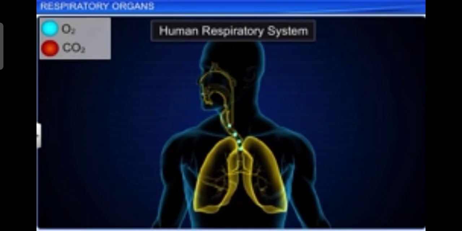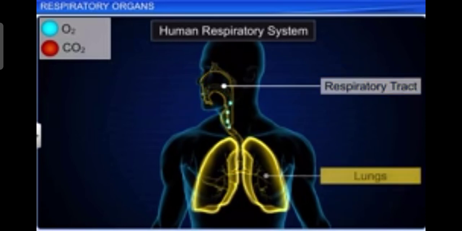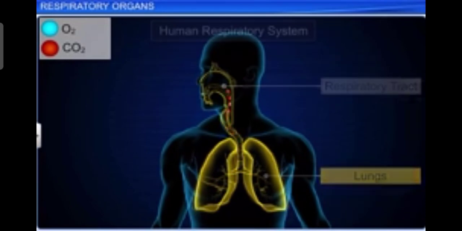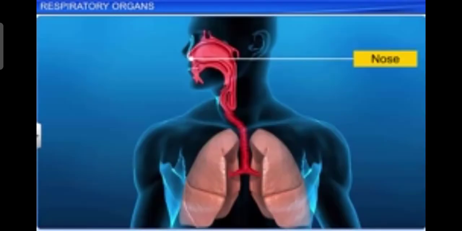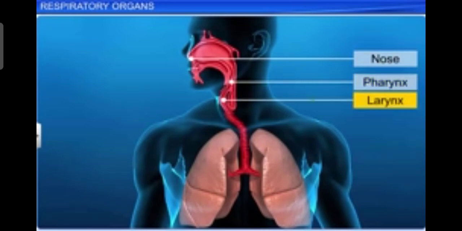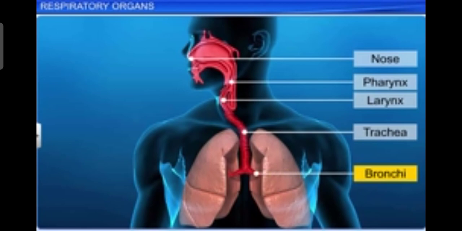The human respiratory system is well developed, and it consists of a pair of external nostrils opening out above the upper lip. It leads to the nasal chambers through the nasal passage. The nasal chambers open into the pharynx, a portion of which is a common passage for food and air. The pharynx opens through the larynx region into the trachea.